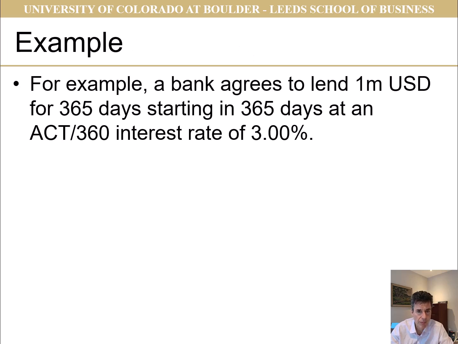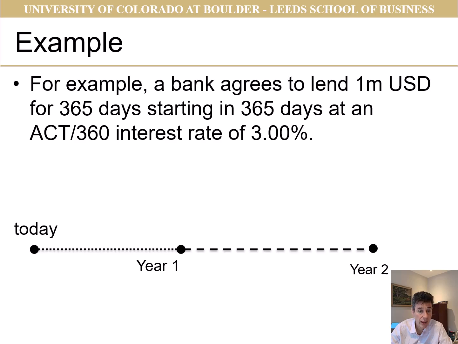So, for example, a bank agrees to lend $1 million for 365 days, starting in 365 days, at an actual over 360 interest rate of 3%. So we have today, we have a year in the future, and then we have 2 years in the future. A year in the future, the bank has agreed to pay out $1 million.